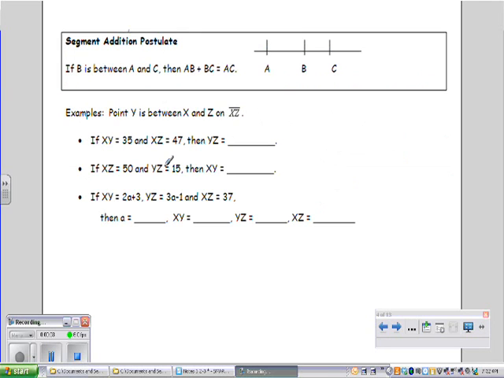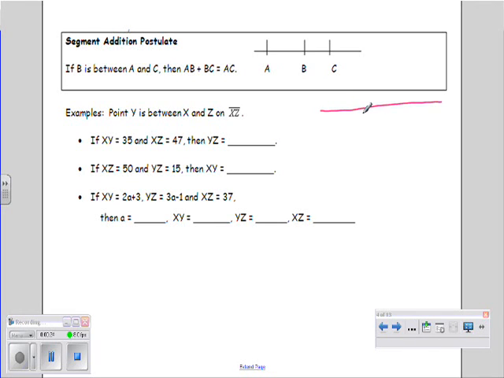So now we have our next postulate. It's called the Segment Addition Postulate, and it simply states that if I've got point B between A and C, then AB plus BC equals AC. Duh, right? Okay, so for example, point Y is between X and Z on XZ. Let's draw that.